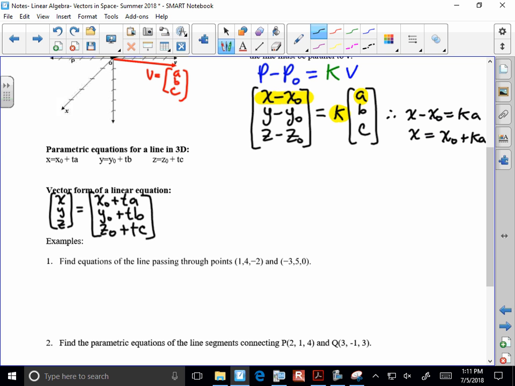Which could expand out to become x sub o, y sub o, z sub o plus t times a, b, c. Which hopefully would look somewhat familiar.